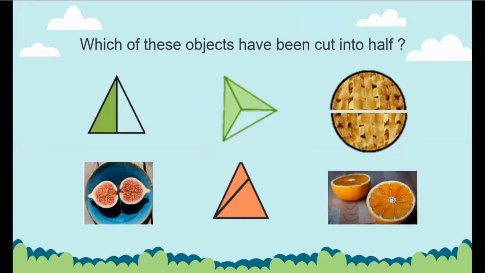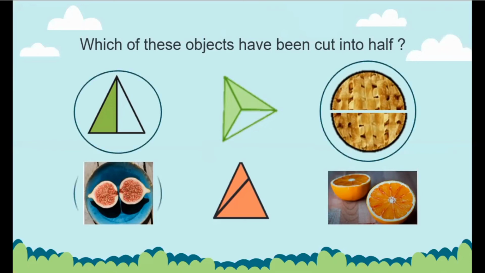We are now going to show you the answer. The objects that have been circled have been cut into half because they all have two equal parts.